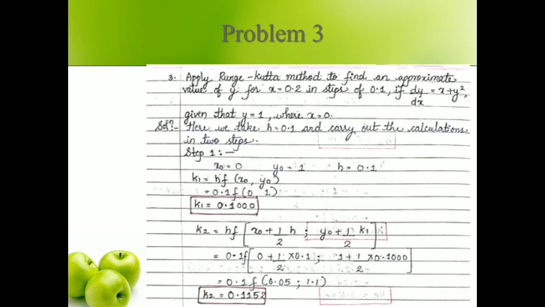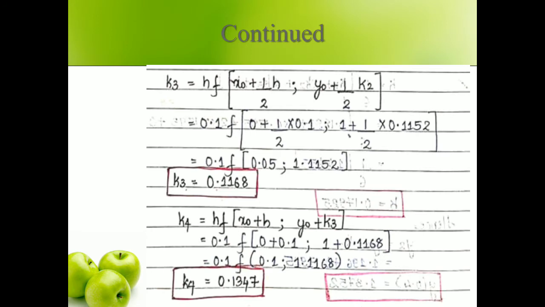0.1152. Find k3, that is h of f of x naught plus half h, y naught plus half k2. We get f of 0.05 and 1.1152. Substituting 0.05 and 1.1152 in dy by dx, then multiplying by 0.1, we get the k3 value to be 0.1168. The k4 value is equal to h of f of x naught plus h, y naught plus k3.